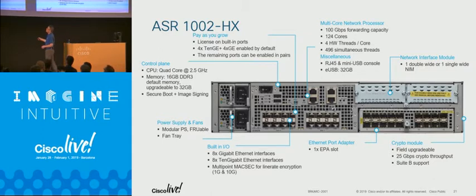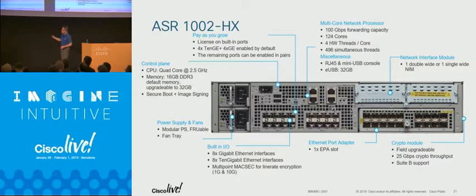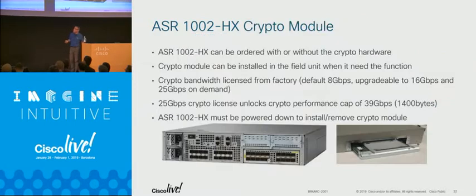The same license model based on the built-in port, okay? This EPA module does not require a license. So the license only applies on the built-in I/O interface. The crypto module is also field upgradable. It's located on the side of the chassis.